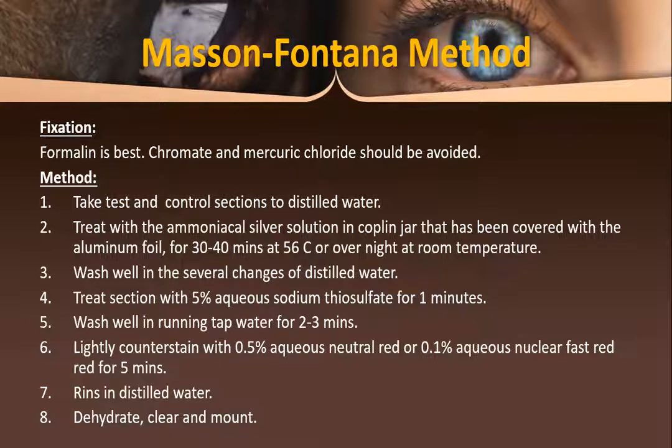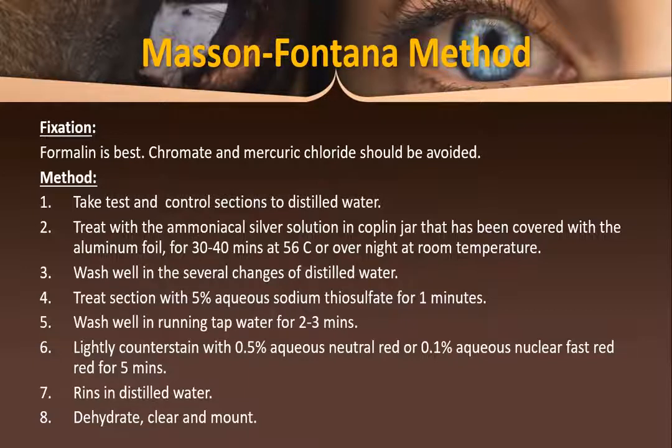You have a section on a glass slide; take the glass slide with the tissue to distilled water, then treat the slide or section with the ammoniacal silver solution in the Coplin jar, for 30 to 40 minutes if the temperature is 56 degrees centigrade, or overnight if the solution is at room temperature.